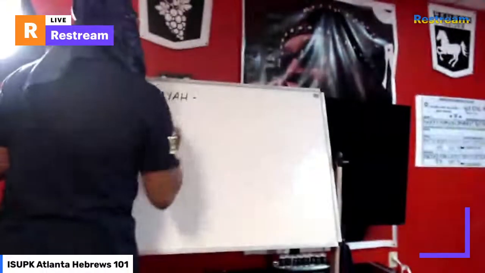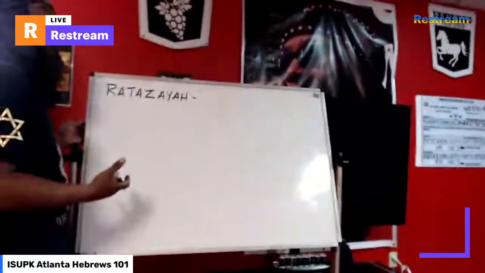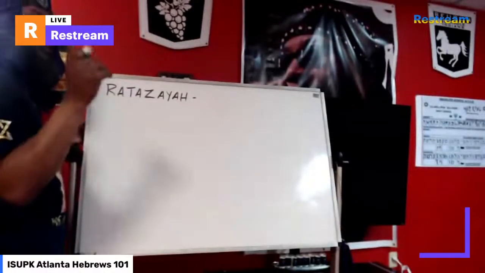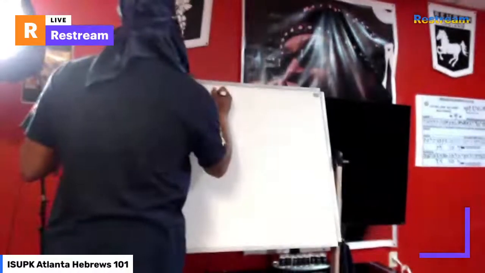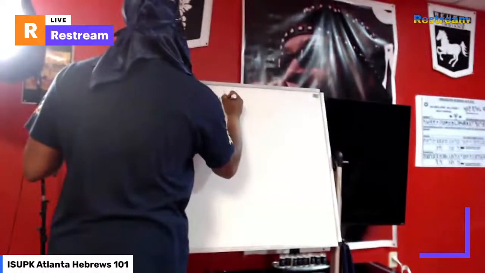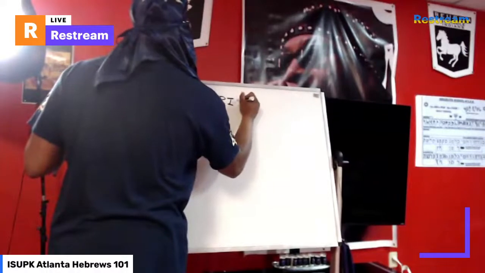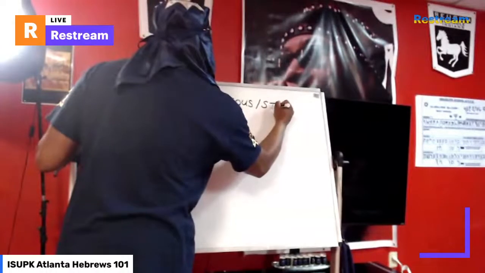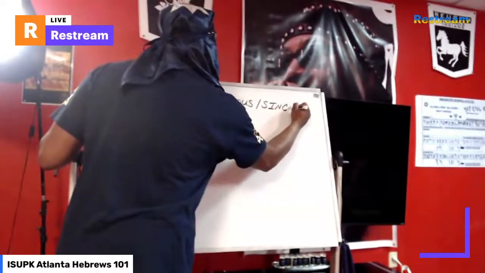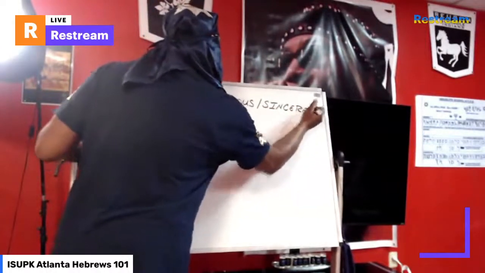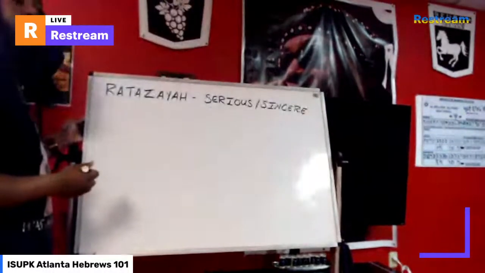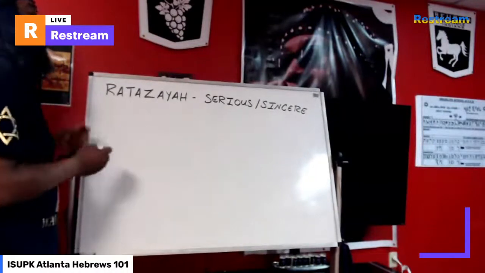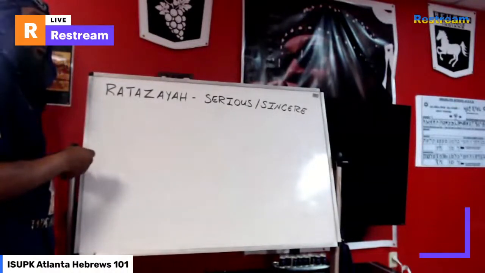Rataziah. He is the captain, I.S.U.P.K, in Atlanta. Rataziah means serious or sincere. Okay? Serious or sincere. All right?